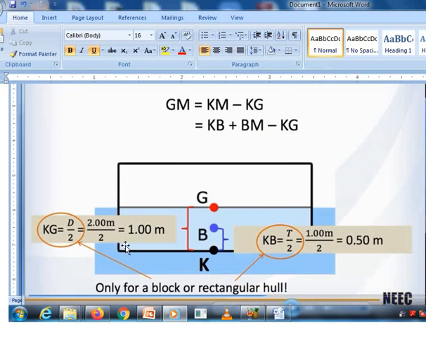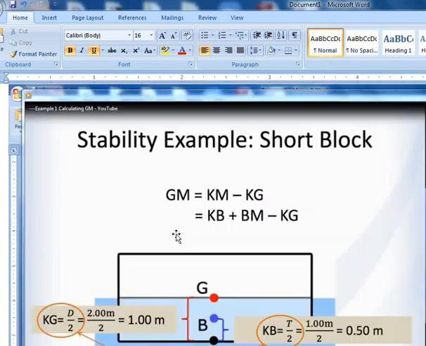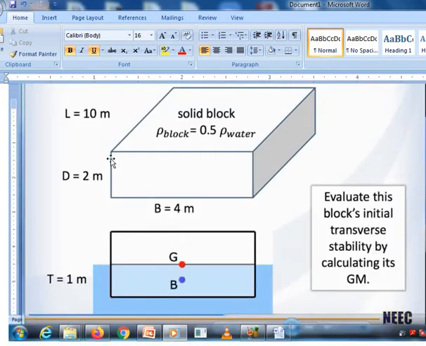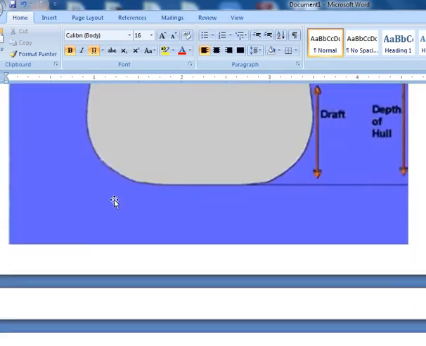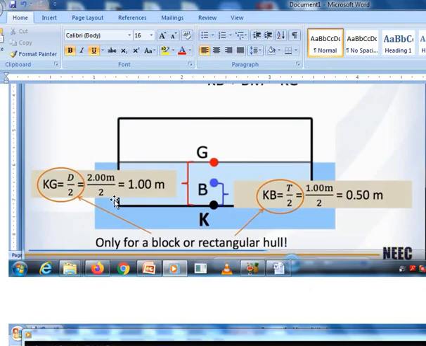That is the full height of the block, the main height of the ship. If you want to calculate the KG, you have to divide the total height of the ship by 2, and that gives us 1. This B section is the one that is submerged in the water, which was 1 divided by 2, giving you 0.5.